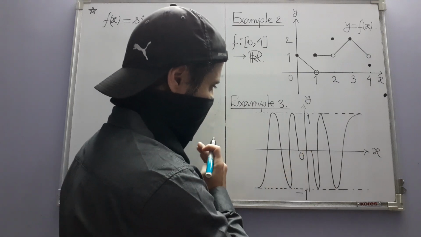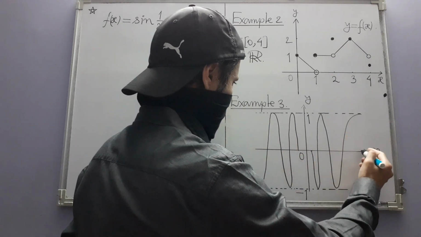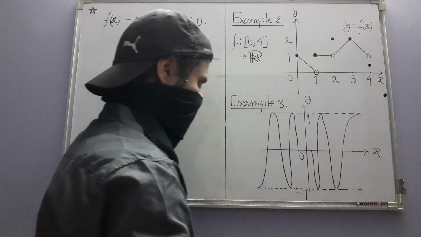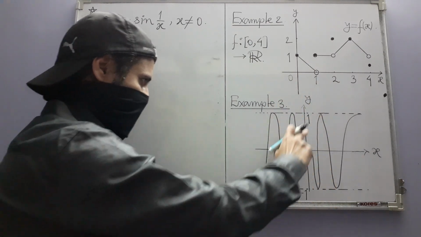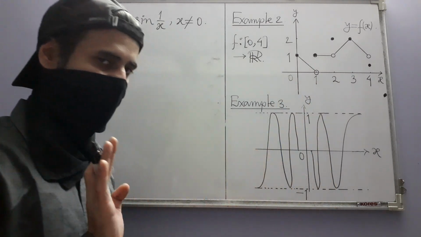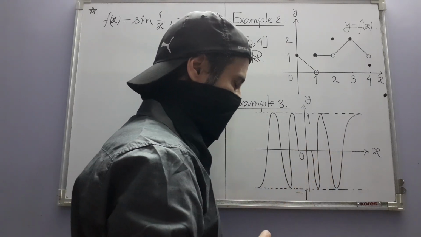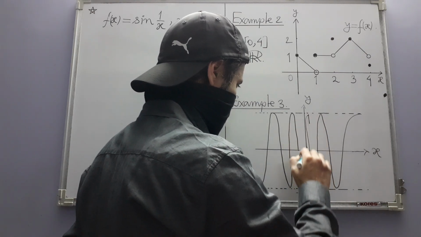Just for the sake of clarity, let's forget about this side. Let's concentrate on the positive side. As you take your x closer and closer to 0, of course, the sine 1/x values oscillate between 1 and -1. That is there, but the oscillation increases in frequency, and it continues to go like this.